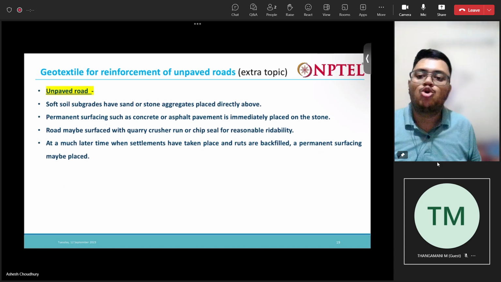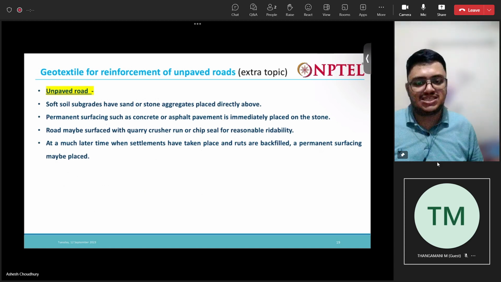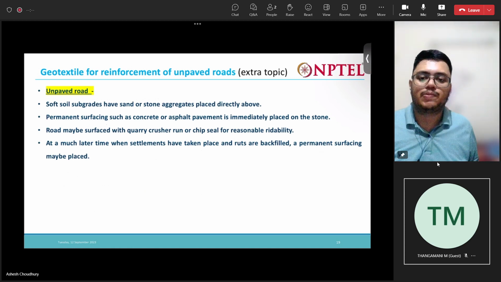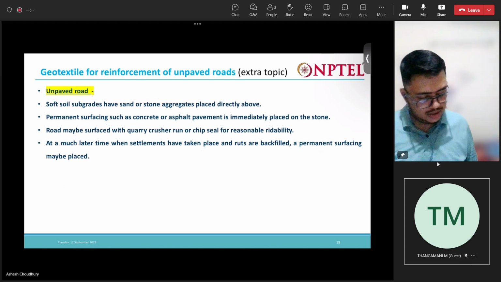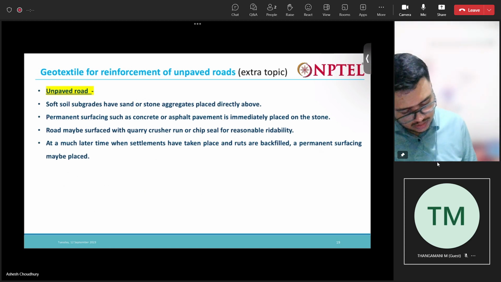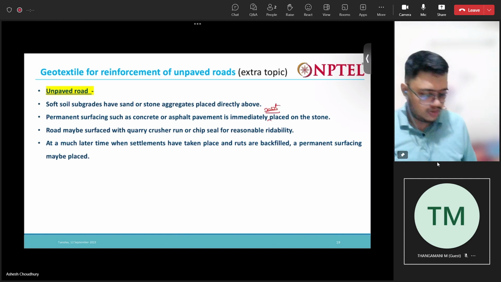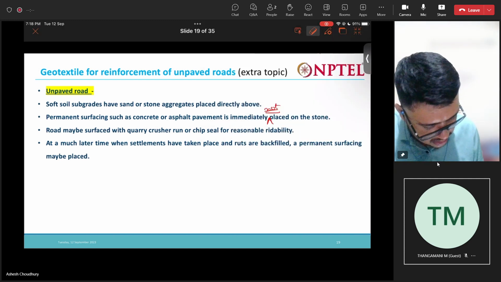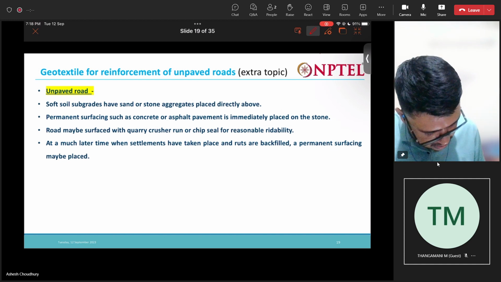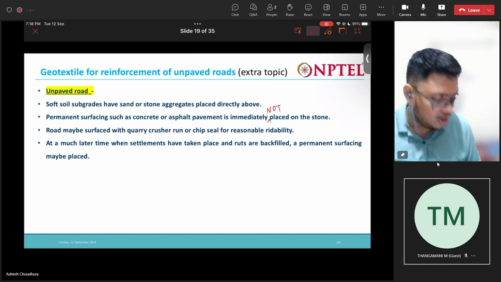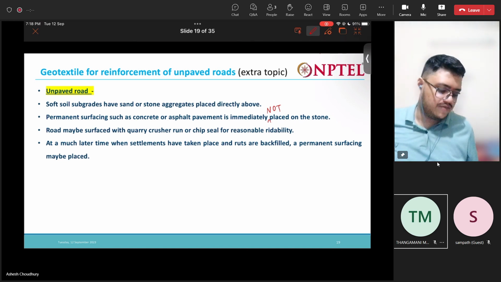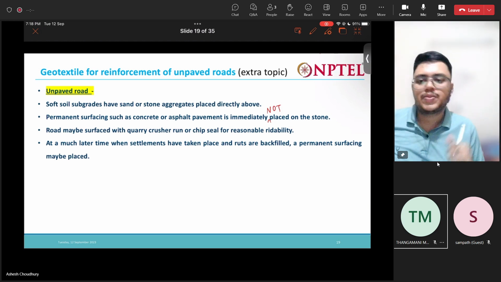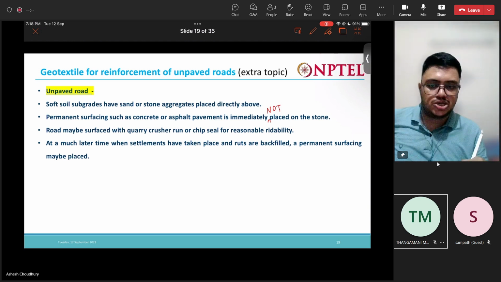Permanent surfacing such as concrete or asphalt pavement is not placed. The road may be surfaced with quarry crusher run or chip seal.